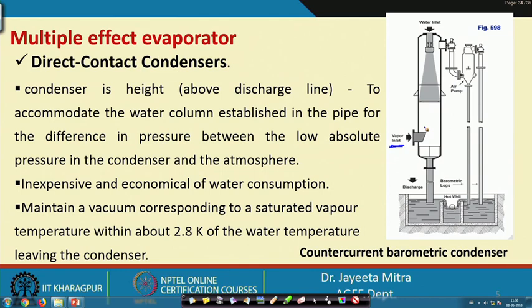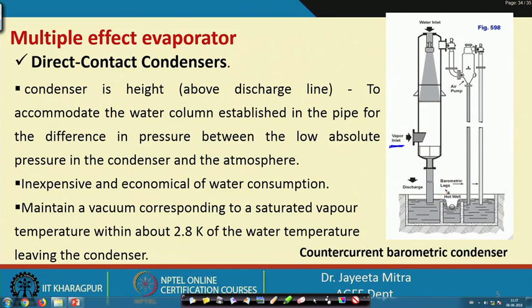In this kind of condenser, generally the condenser is kept over a long distance from the discharge end, to accommodate the water column that is established in the pipe for differences in pressure between the low absolute pressure in the condenser and the atmosphere, right.